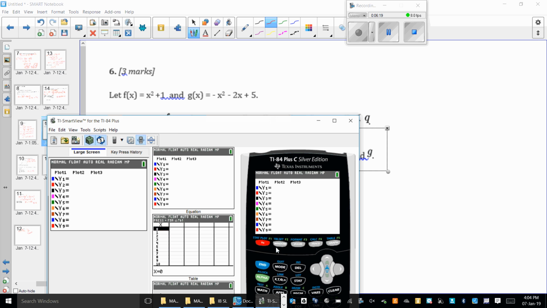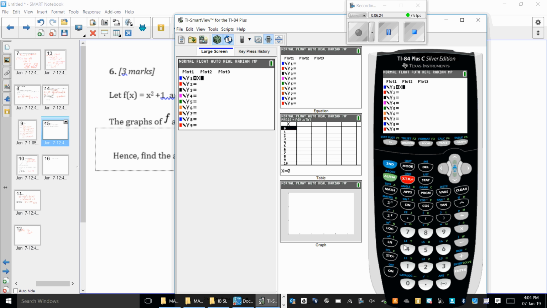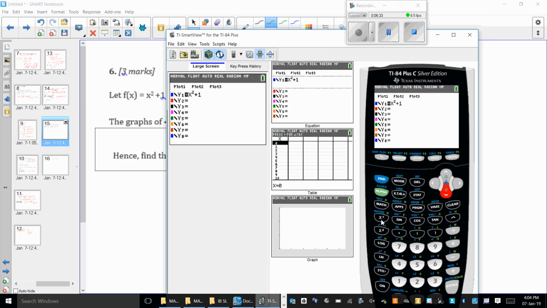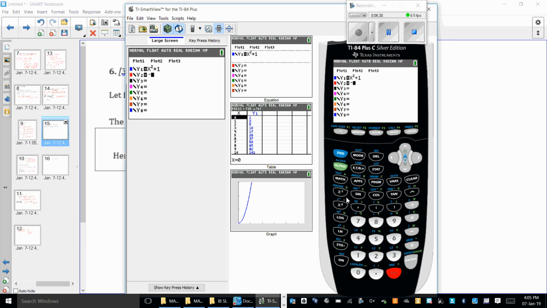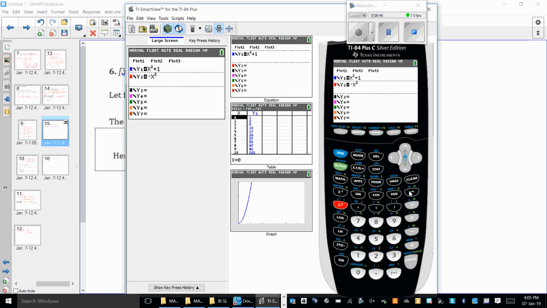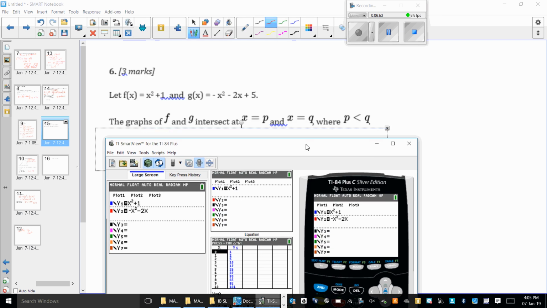So x squared plus 1 and negative x squared minus 2x plus 5.